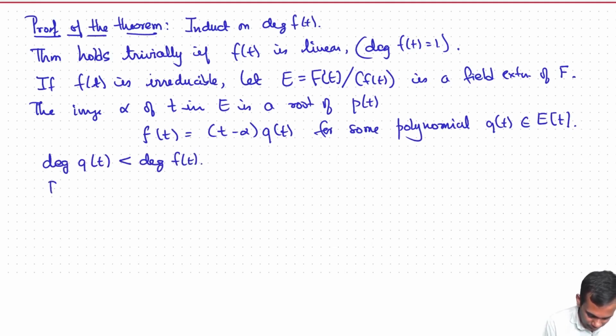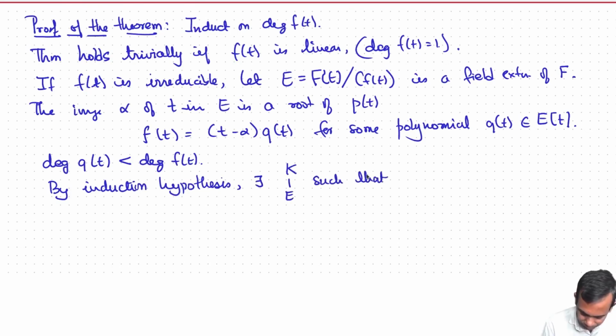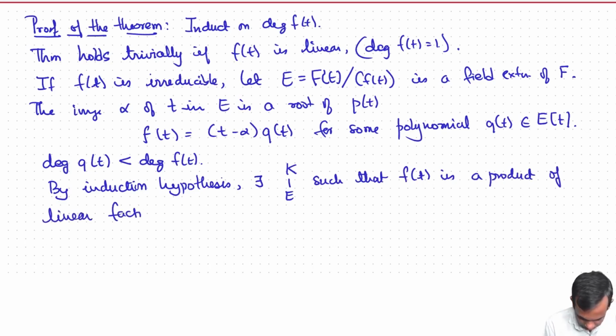So by the induction hypothesis, there exists an extension K over E such that q(t) is a product of linear factors over K. And so f(t) is a product of linear factors in a field K, which is an extension of F, because E itself is an extension of F.